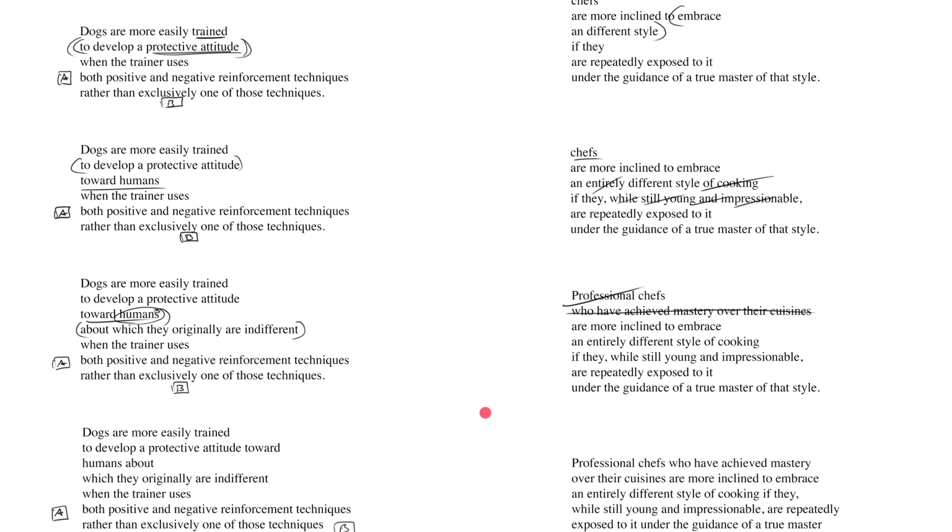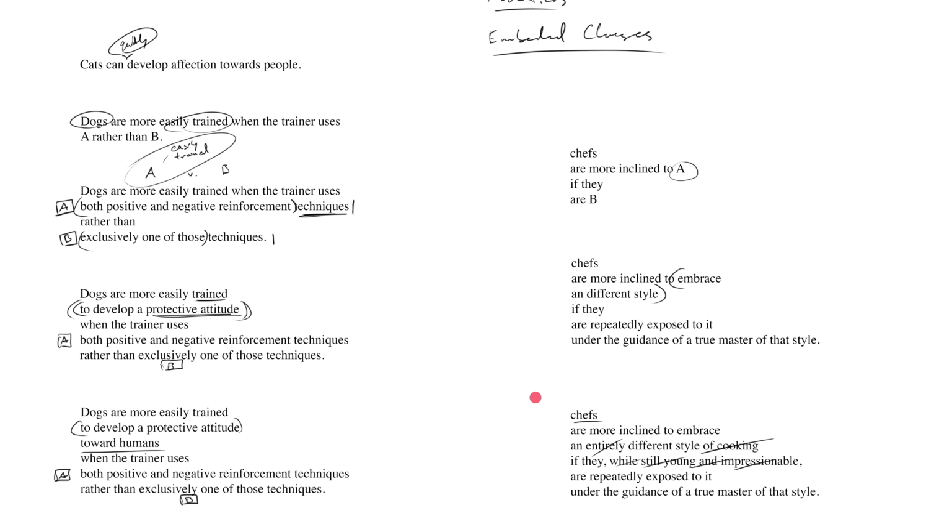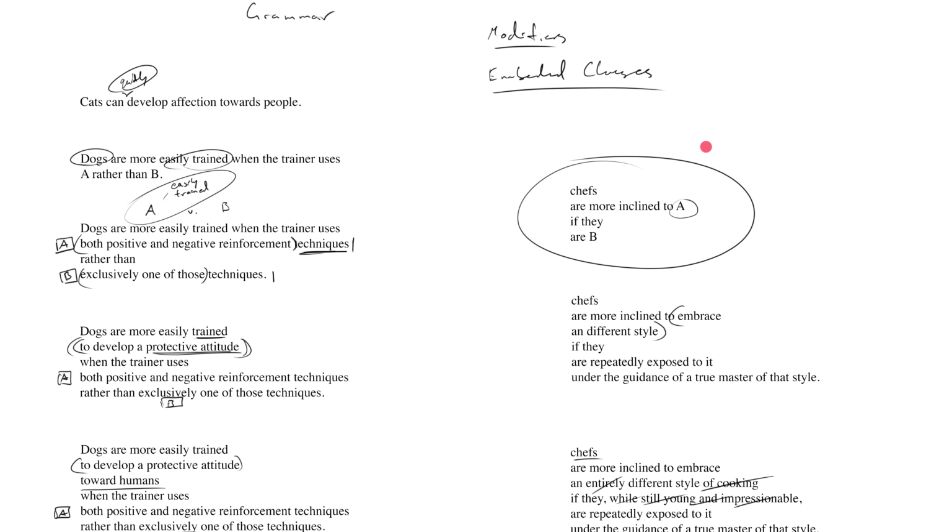But we've already seen in one of the logical reasoning questions that you can implicitly declare a comparison as well. And here we're doing that. What are we comparing? We're comparing chefs that are B versus what? It's implied that chefs are more inclined to A if they are B than if they are not B. This is the part that's not stated but implied.